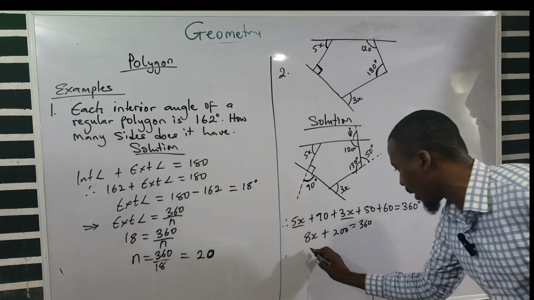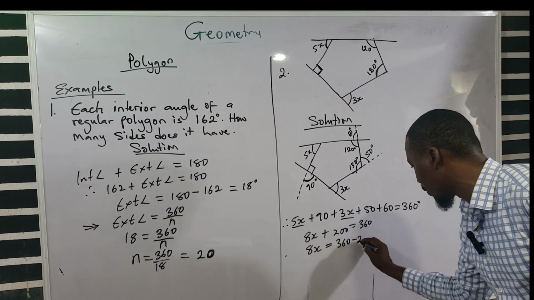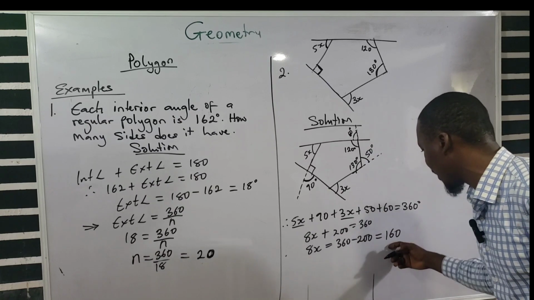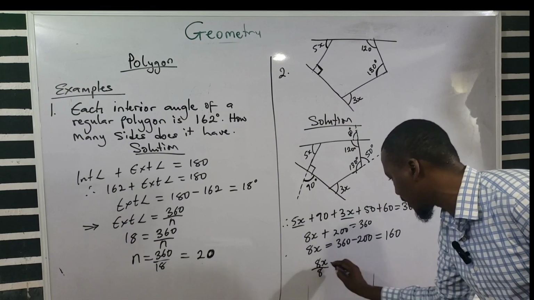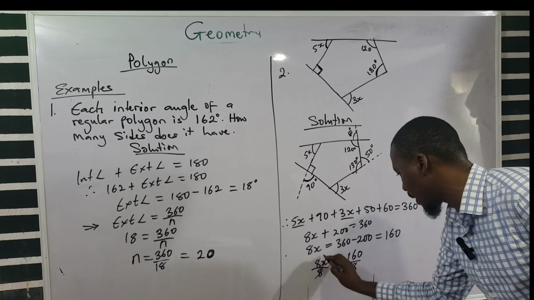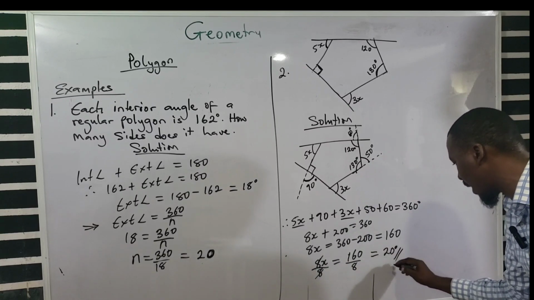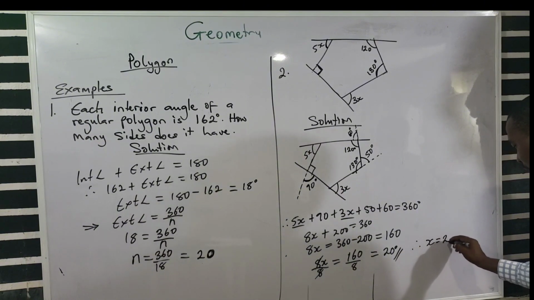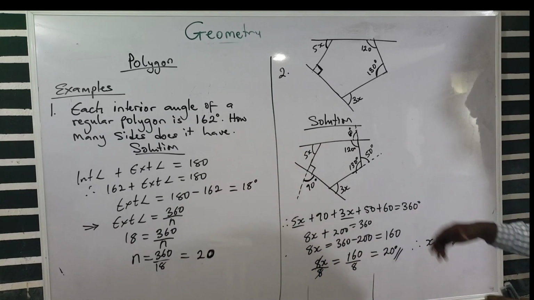So this one coming over here, we have 8x equals 360 minus 200. That will give you 160. By the time you divide both sides by 8, we have 8x over 8 equals 160 over 8. So this and this will go. So you have 20 degrees. So x equals 20 degrees. Okay, so that's how to solve that particular problem.